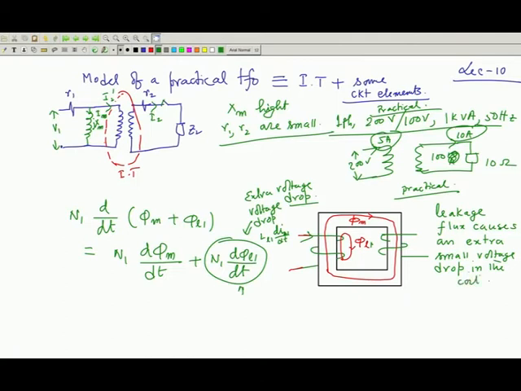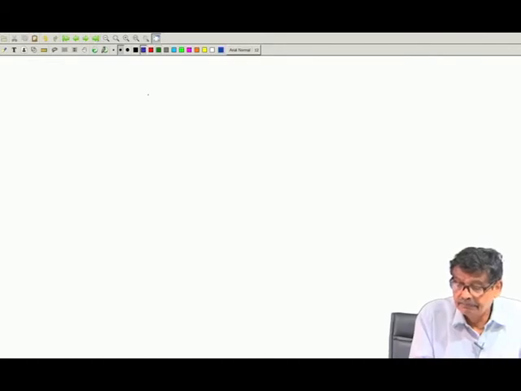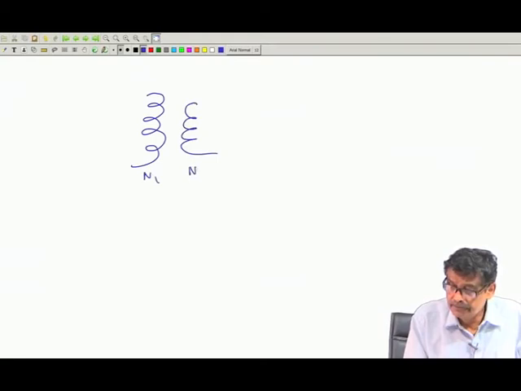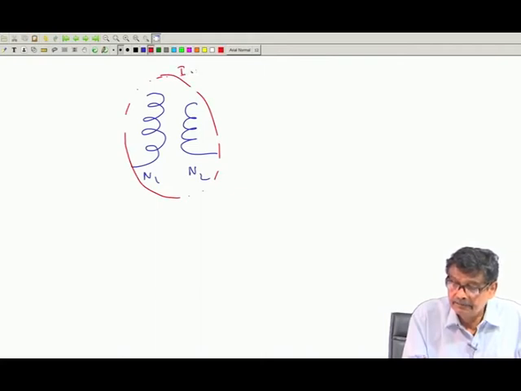What does that mean? It means that first I draw the ideal transformer N1, N2, and this portion is, suppose, the ideal transformer, with no connection, dotted line, okay.